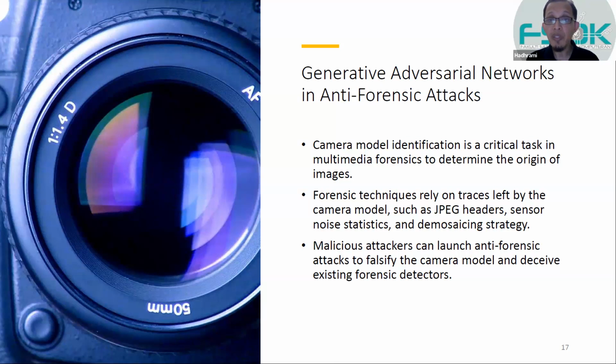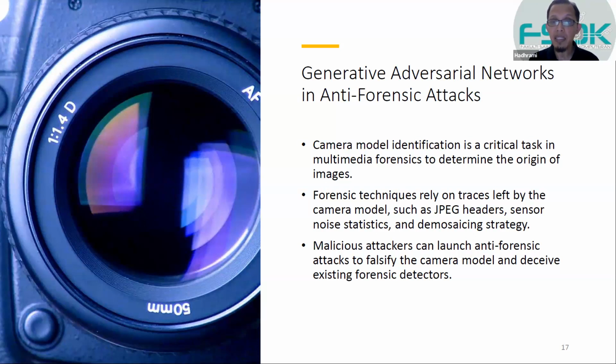Camera model identification is a critical task for multimedia forensics, to determine the origin of the images, the type and model of the camera and so on. Typically, these multimedia forensic techniques depend much on the traces left by the camera model, such as the JPEG headers, the sensor noise statistics, the demosaicing strategy.